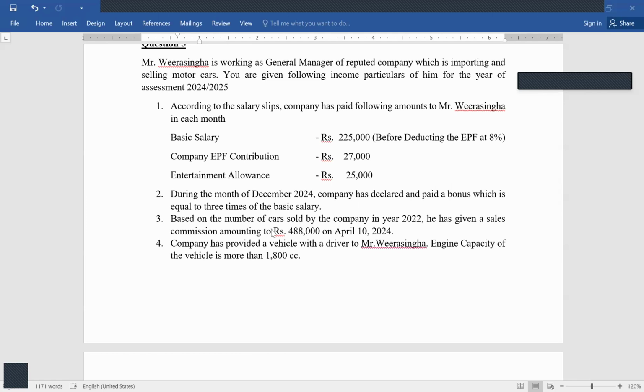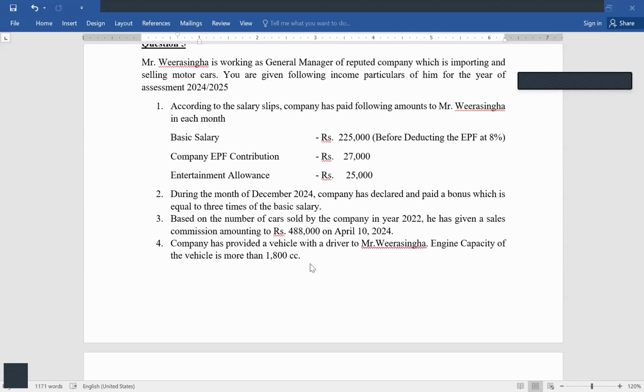Then based on the number of cars sold by the company in year 2020, in 2022, he has given a sales commission amounting to 480 on April 10, 2024. So that is in the same year of assessment.